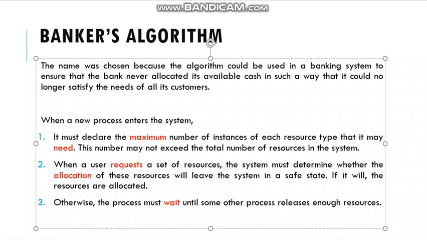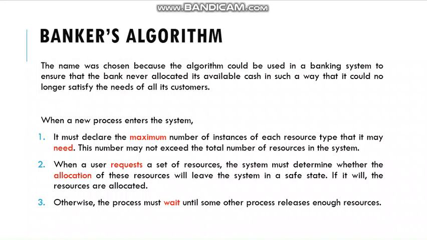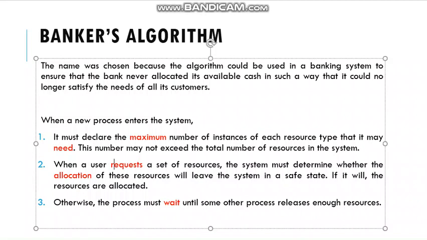Otherwise, the resources are not allocated. If it is in a safe state, we will allocate. Otherwise we will wait until a process releases enough resources. In the same way, a customer went to the bank and asked for 5 lakhs, but today the bank has not allocated that much amount; maybe tomorrow the resource is given.